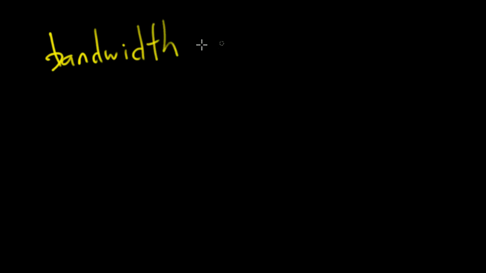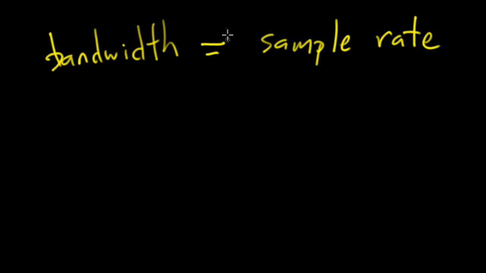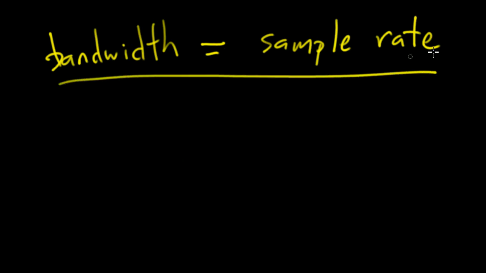I think that a more elegant statement of the sampling theorem is to say that the bandwidth described by a digital signal is equal to the sample rate. Now, this is only true if you're dealing with complex valued signals. But isn't that an elegant statement? The bandwidth is equal to the sample rate.